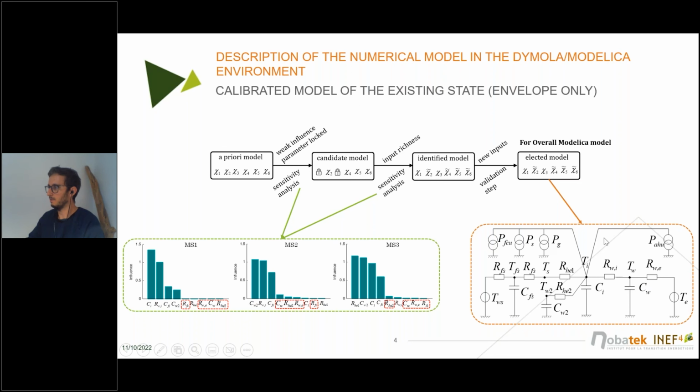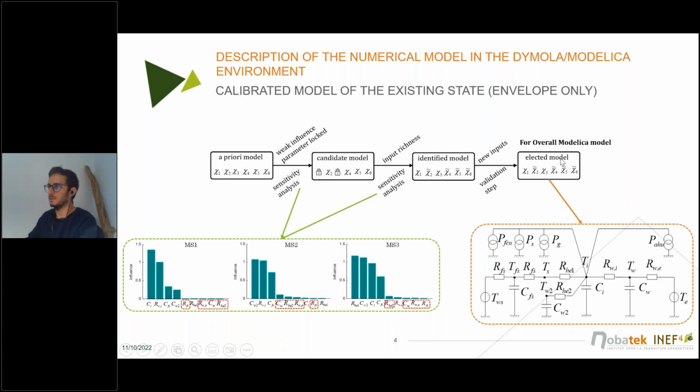And here you have several power inputs: the power of the air handling units, the power for the solar, the fan coil units, and also this term is the internal gains due to occupants.